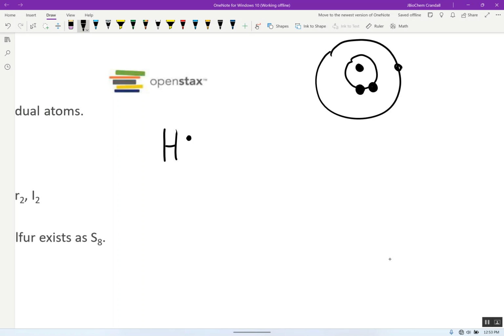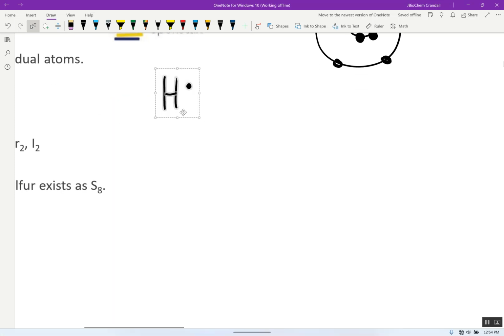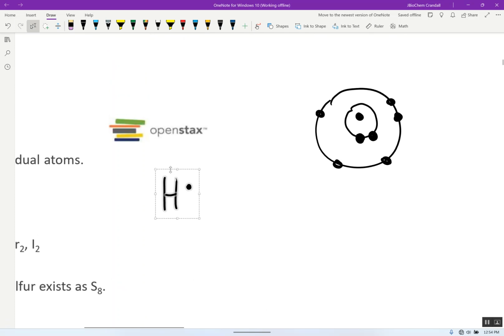Okay? So if I have 3 unpaired electrons on my valence shell like this, then that tells me something. That means I can make 3 bonds, because I have 3 electron vacancies that I need to fill. So if I had 3 hydrogens, I could pull them into these vacancies, right?